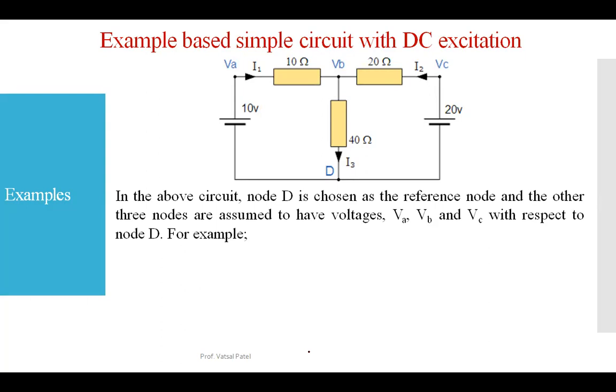You can see the current direction also given here. What you can write here? If you apply the KCL at the B point, you can see the current directions I1 and I2. Can we say that the currents towards the node are I1 and I2, and I3 will be away from the node?